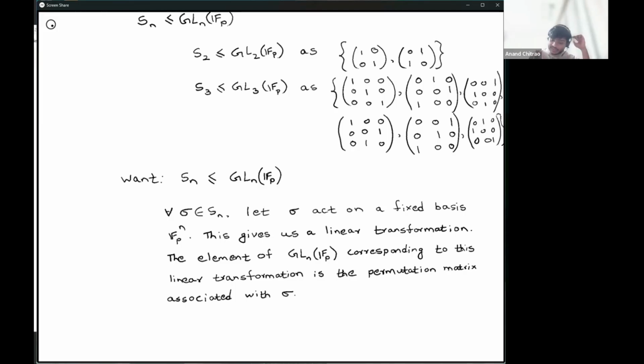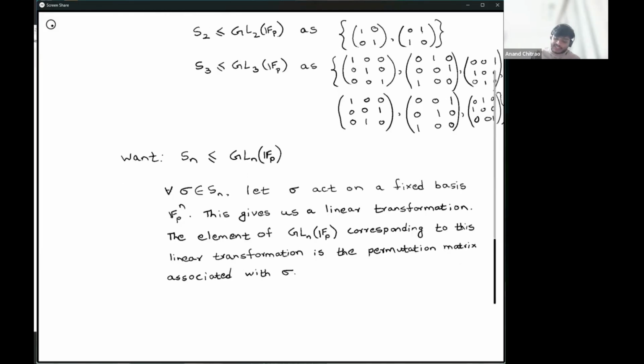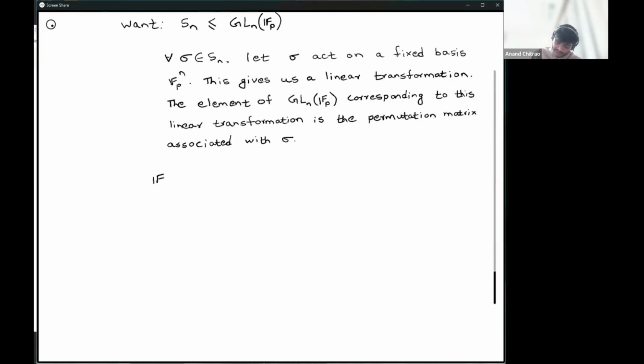Maybe I'll go slowly. Let's do the 3x3 case. Suppose you start with Fp power 3. You pick a basis E1, E2, E3 of Fp power 3. Now you start with sigma equals (1 2 3).